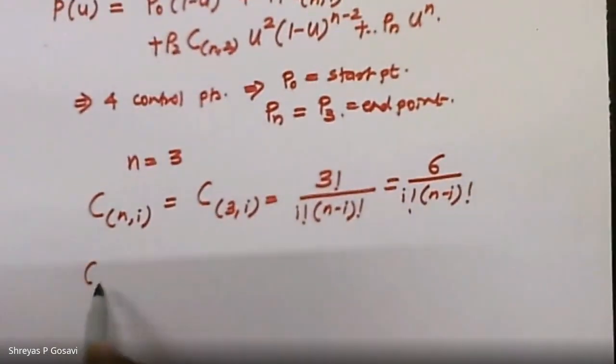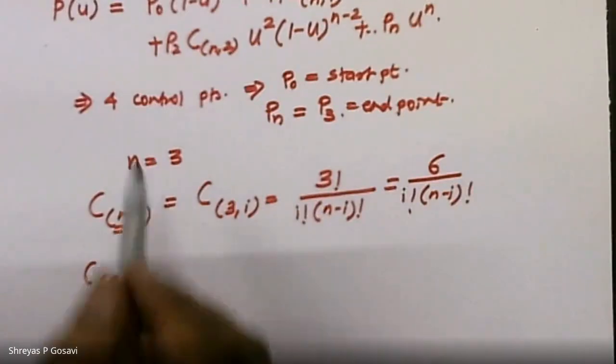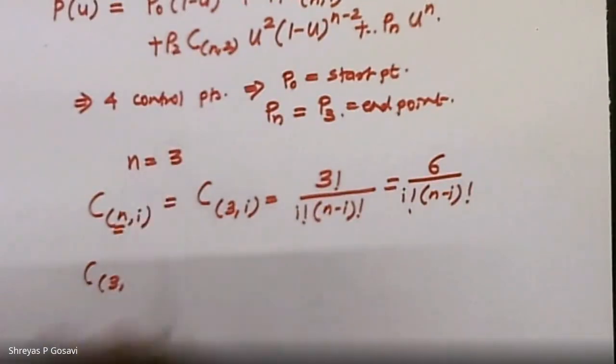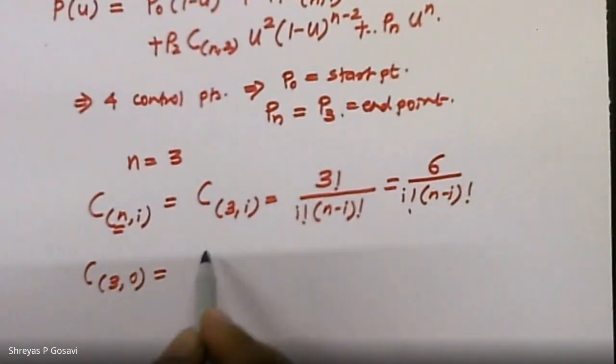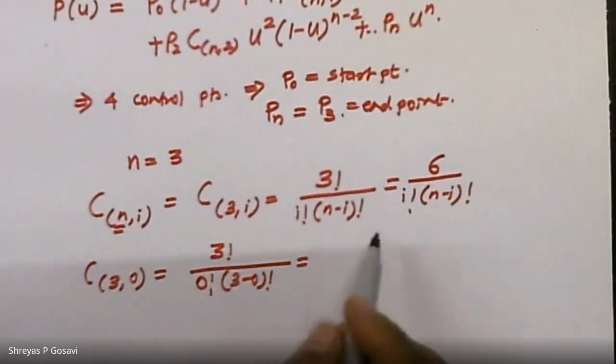So for n equal to 3 and i equal to 0, it will be 3 factorial upon 0 factorial into (3 minus 0) factorial, that is equal to 1.